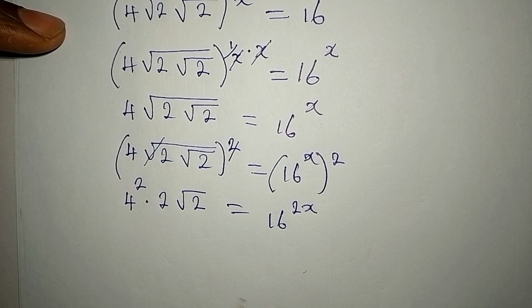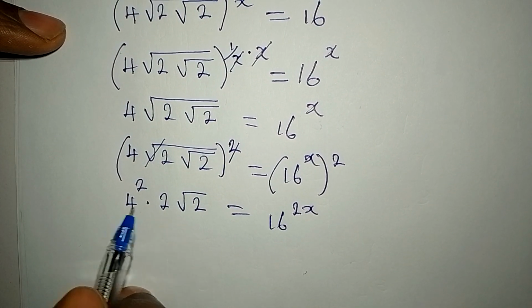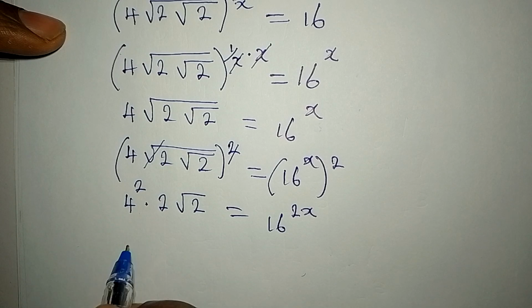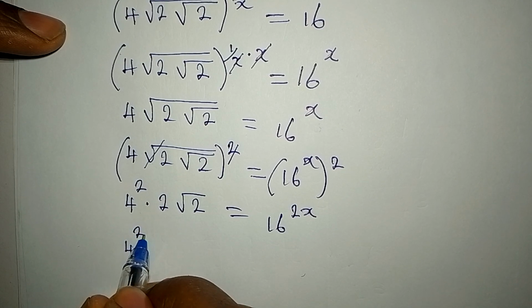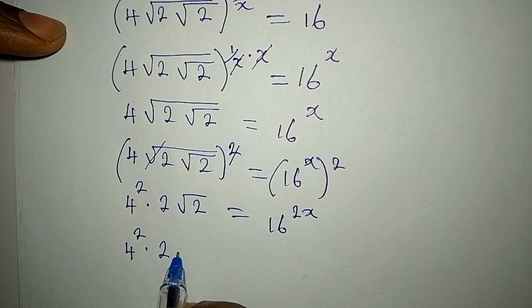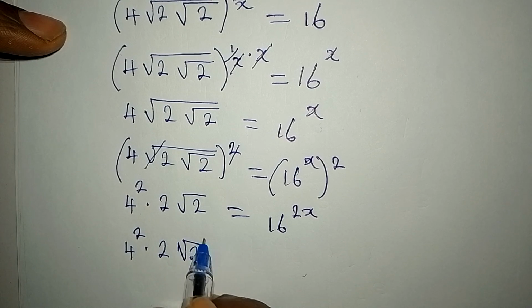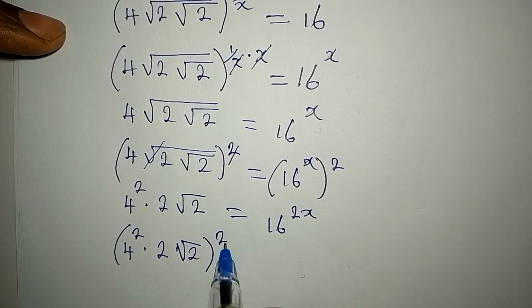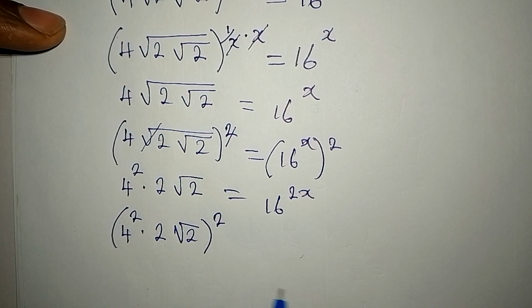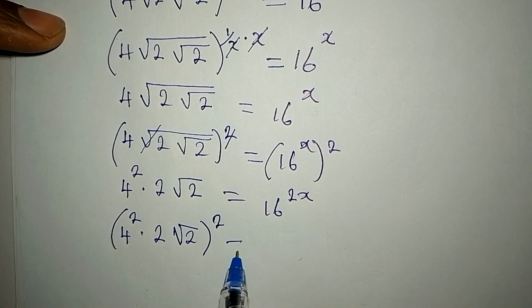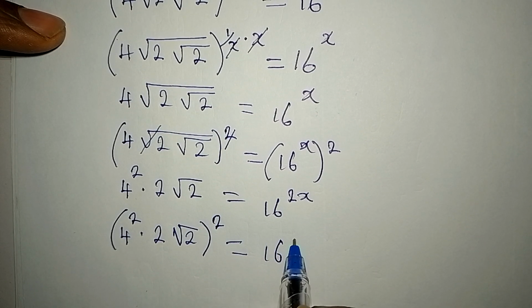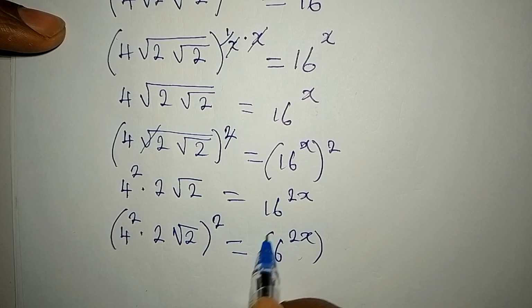To continue from here, we can multiply this, but let's leave it because we'll get back to it. So this will now be 4 to the power of 2 multiplied by 2 root 2, then we square it again. Why are we squaring? We are squaring because of this square root. This will be equal to 16 to the power of 2x squared.